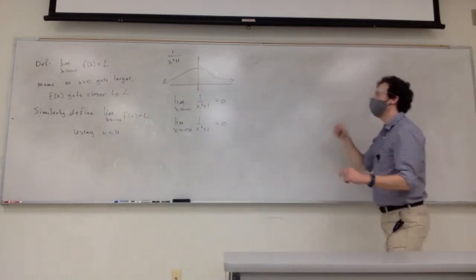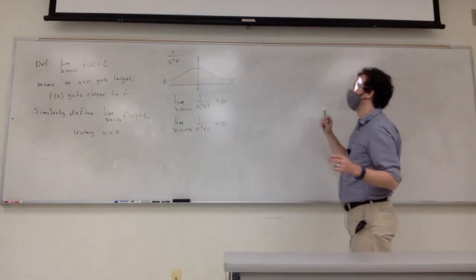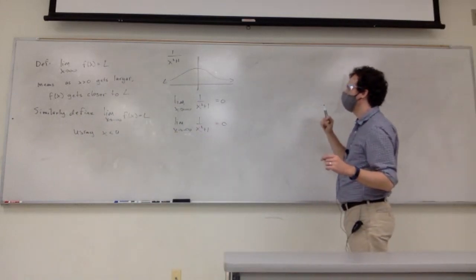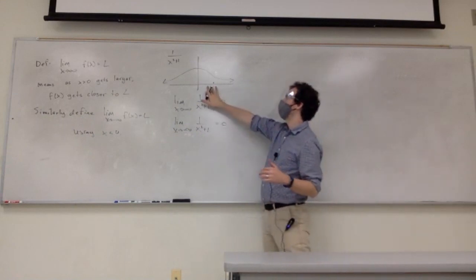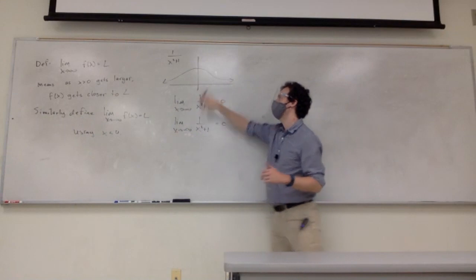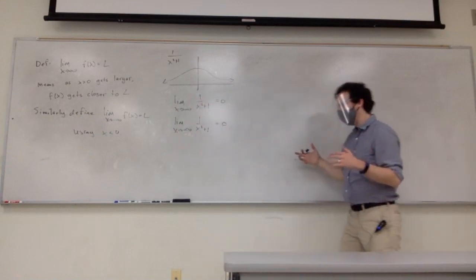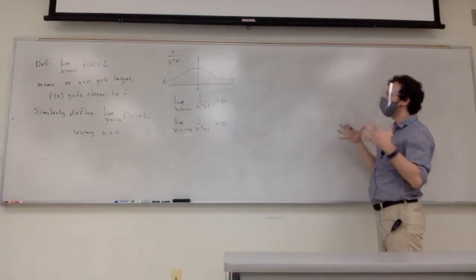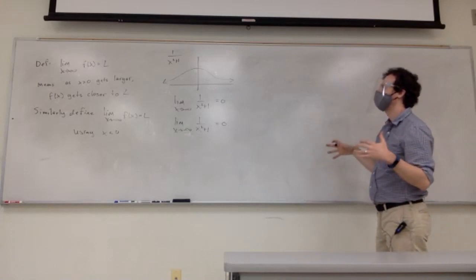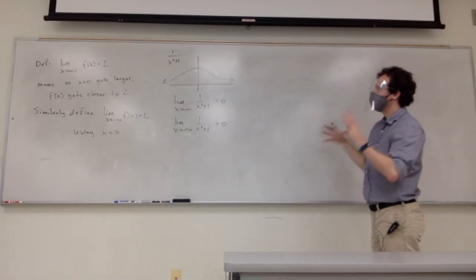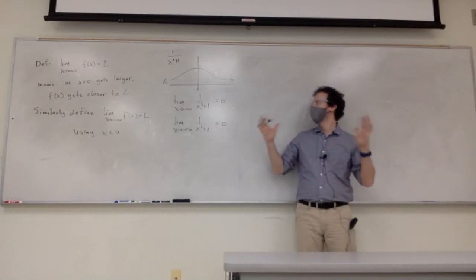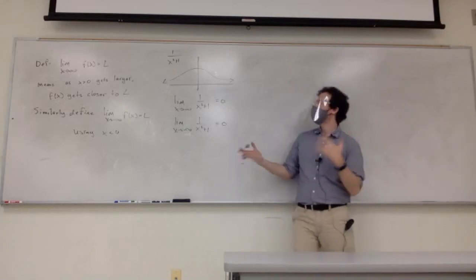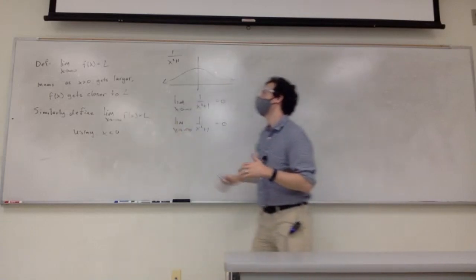The behavior here is something you've encountered before. This x-axis is a horizontal asymptote. A horizontal asymptote is a line you get closer and closer to as you go further and further out, and that's exactly what we're seeing in these limits.